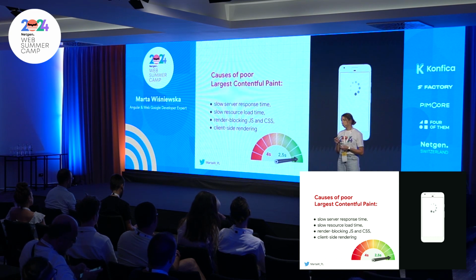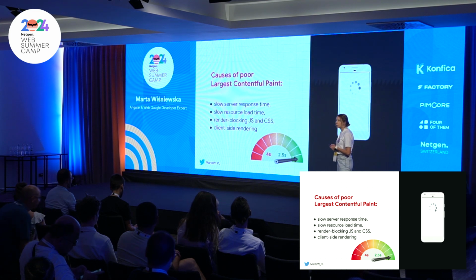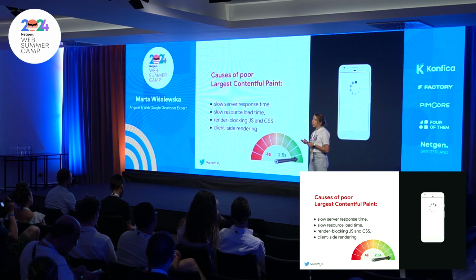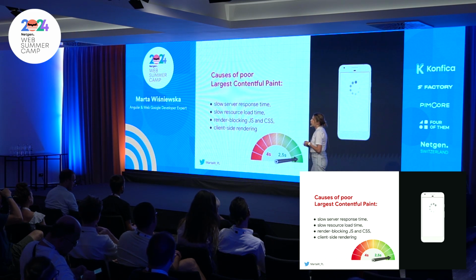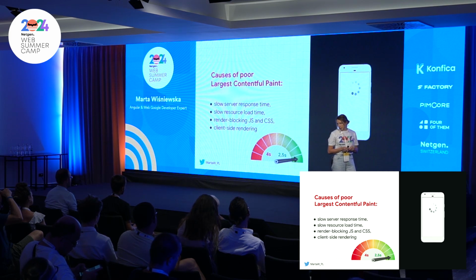And to fix it, first of all, take a look at your server, try to optimize the response time from the backend side and from the server. Another thing is that you can apply caching, so then you will optimize, let's say, the responses from the server.